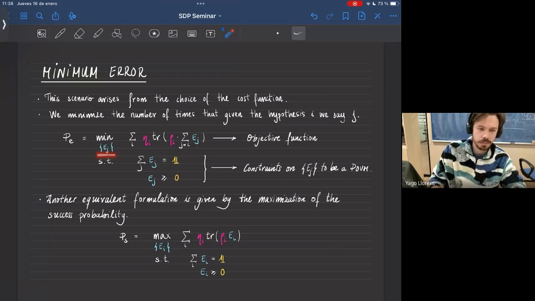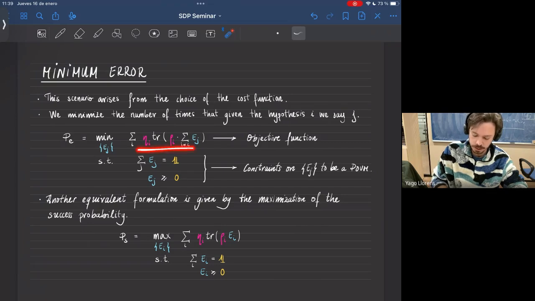We have to minimize over all possible POVMs the objective function: the sum of the unnormalized states and all POVM elements that don't correspond to the given state, subject to the POVM elements fulfilling the completeness relation, summing up to the identity, and being non-negative. These are just the constraints for the POVM elements to be a quantum measurement.